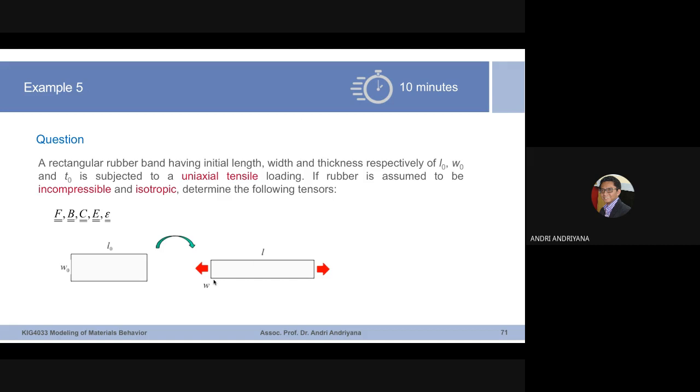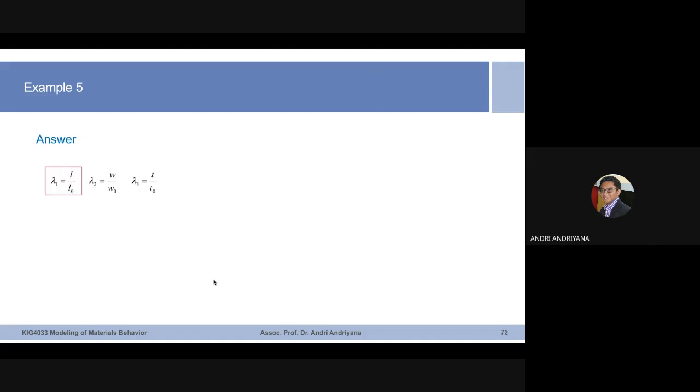Okay, I will give just one example of how to look at it. Again, let's use these definitions: lambda 1 equal to L over L0, lambda 2 equal to W over W0, lambda 3 equal to T over T0. Then we use the assumption of incompressibility, which means that the volume remains constant.